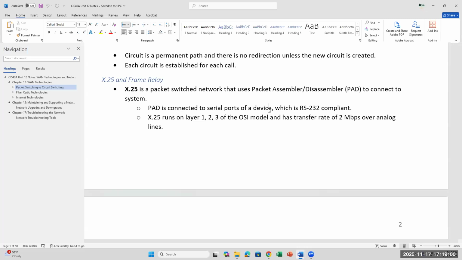So the technology back then was that we would use a serial port with RS-232. If you study for A+, they might have talked about this. Typically the cable is a little different, right? It looks like a VGA cable, right?